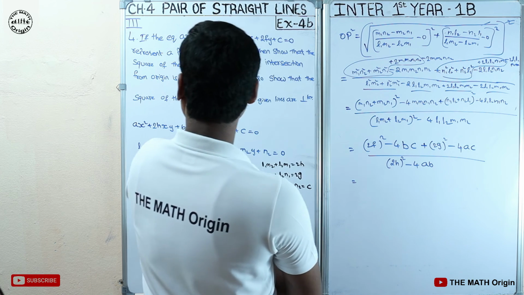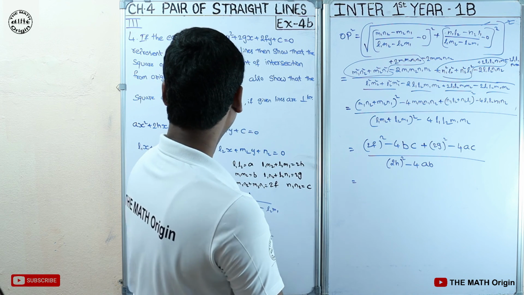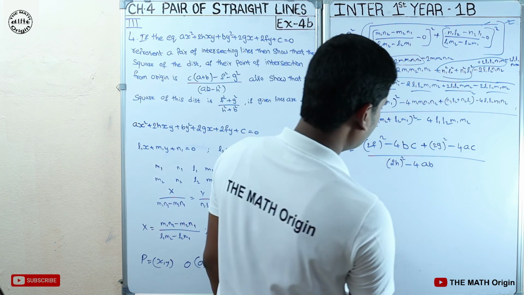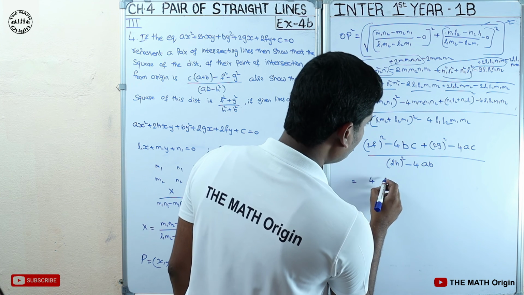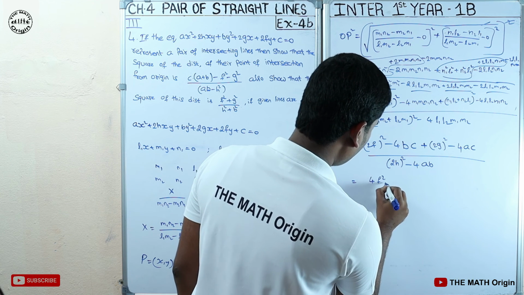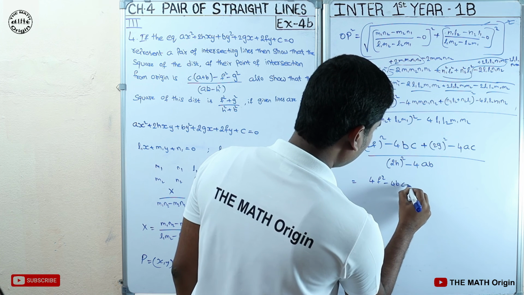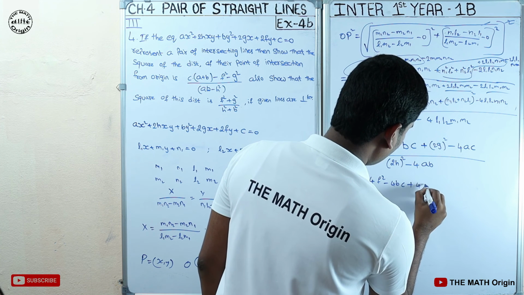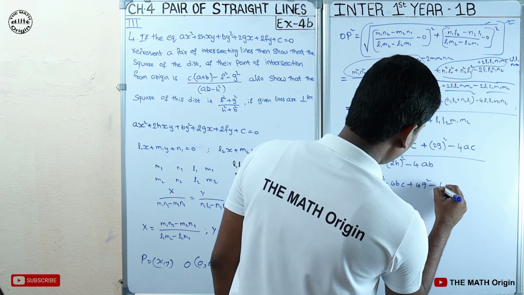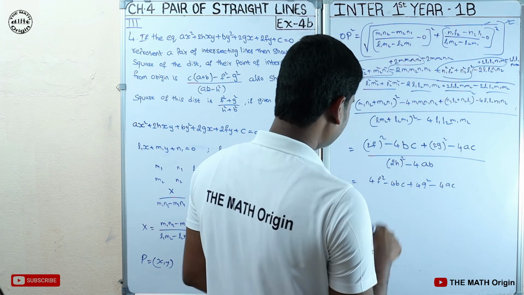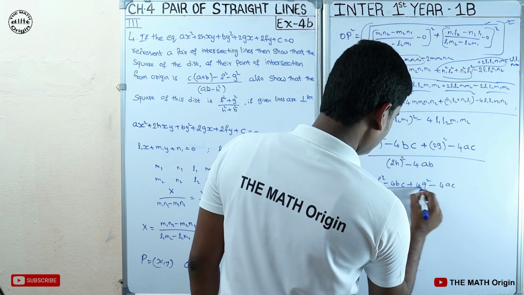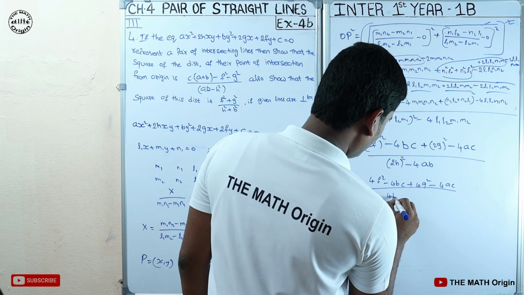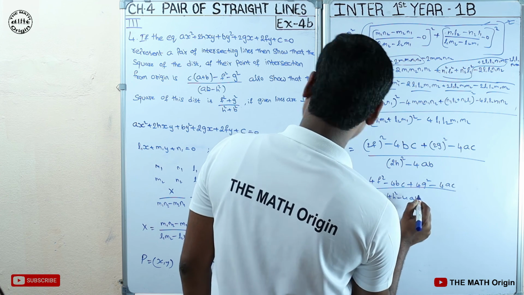Therefore the resulted equation will be 4f square minus 4bc plus 4g square minus 4ac, whole divided by 4h square minus 4ab.